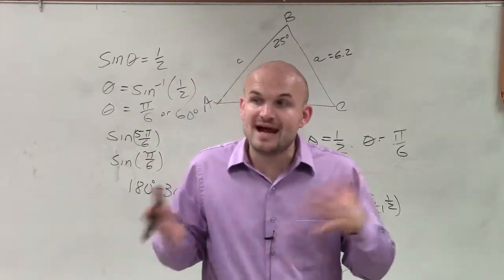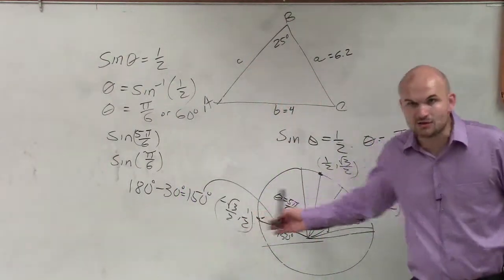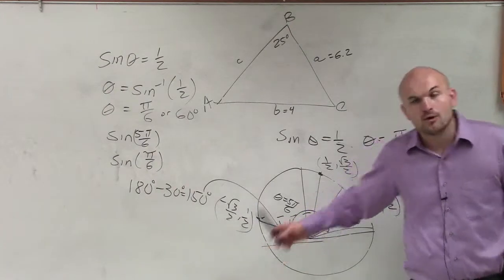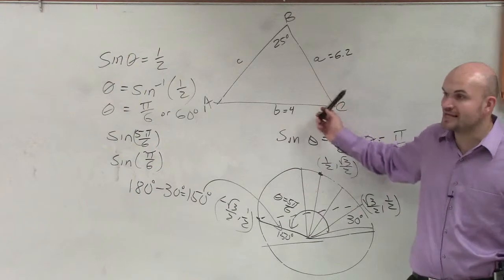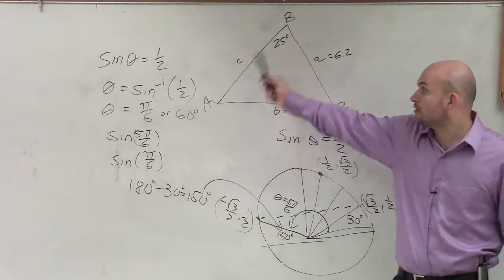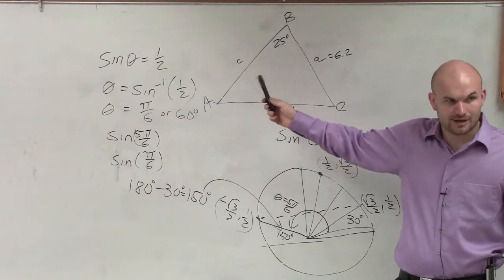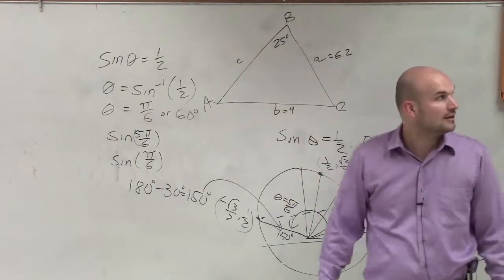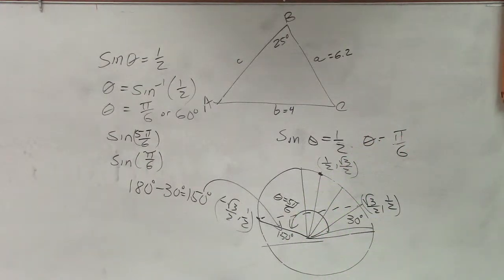And remember, when you find an angle by using the inverse sine, there are two angles: the acute angle and the obtuse angle. You've got to make sure you check both solutions, because the acute angle and the obtuse angle could still be under 180. If it's greater than 180, then obviously there's only one case. But I'll go over this example for you guys.